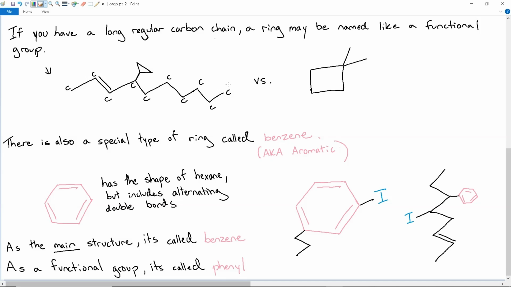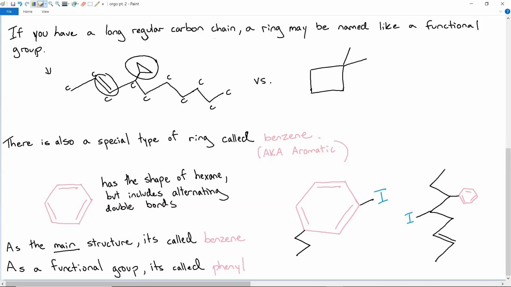So we would call this a decane. And we have a weird branch off group here. So that looks like cyclopropane, and it is cyclopropane, but because it's not considered the main structure of our chain, we have a decane, or technically a decene carbon chain because of the double bond here.